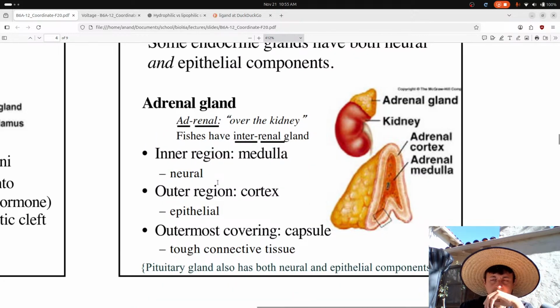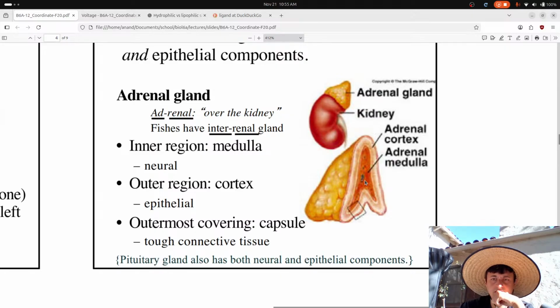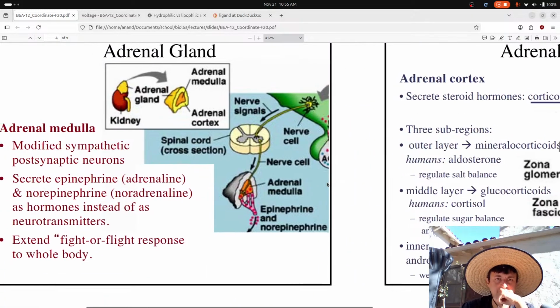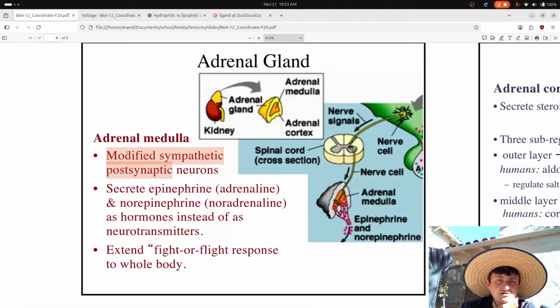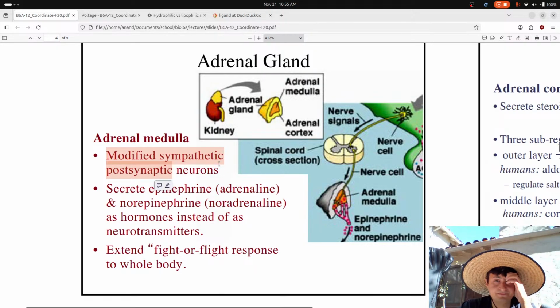So that means that I guess you can stimulate secretion neurally, but then you can also, I don't know what that means really. Right, here we go. The adrenal gland, modified sympathetic postsynaptic neurons. Let's try to look at the diagram first.